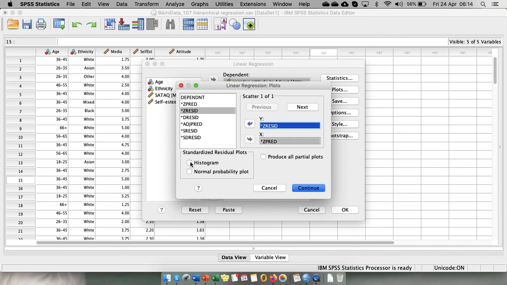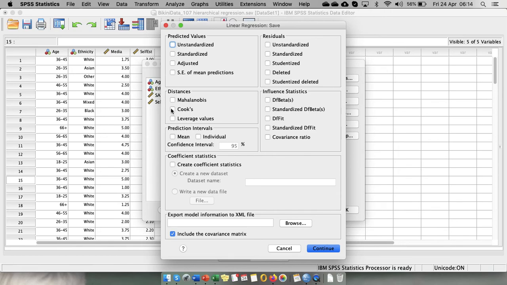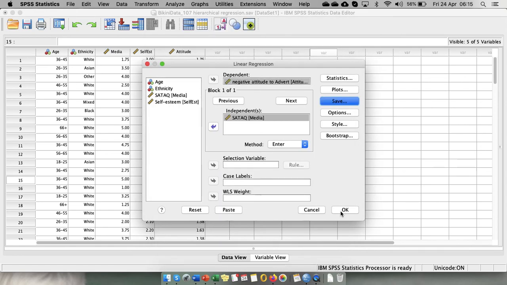And we also want to look at the histogram to look at the distribution, and the normal probability plot, which will also give us information about the distribution of the errors of the dependent variable. Continue, and if we go to the Save menu, we can select Cook's distance to look at whether there are any outliers or influential cases that need to be removed from the data set. So continue, and we press OK.